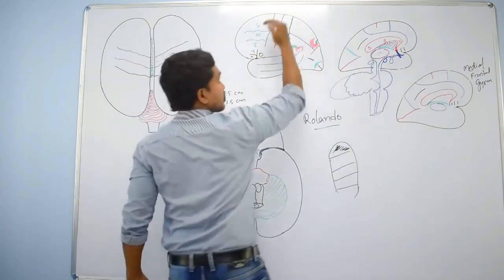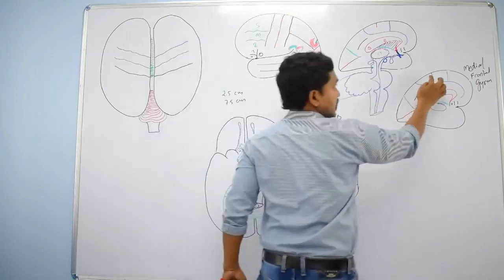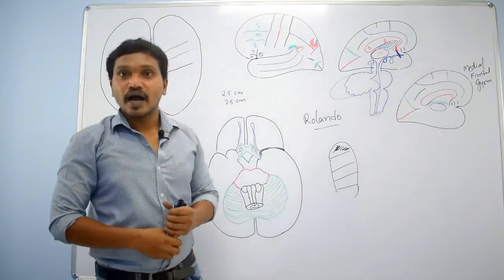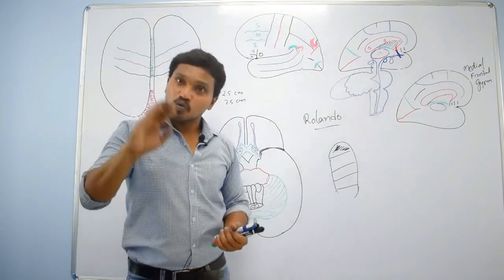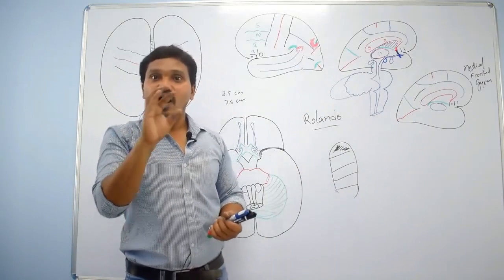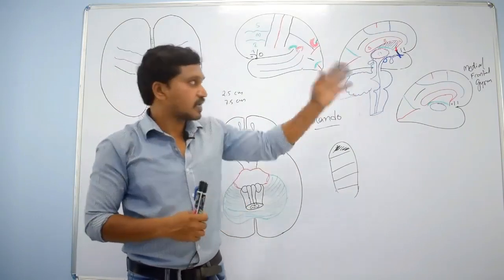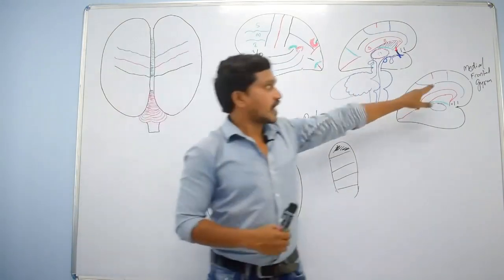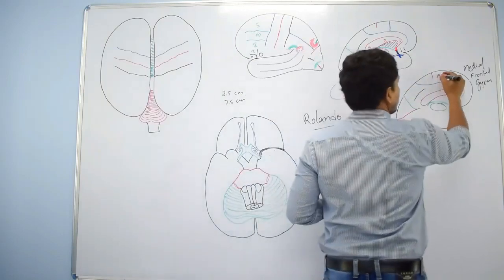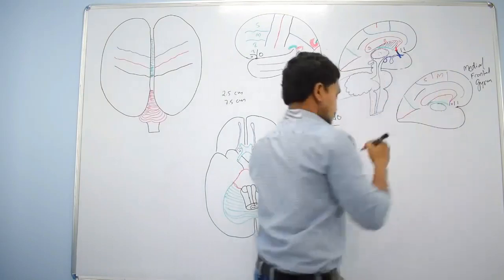This sensory part will go medially and be present here, right? And those motor and sensory parts control almost the same area. This anterior part is motor. This posterior part is sensory.